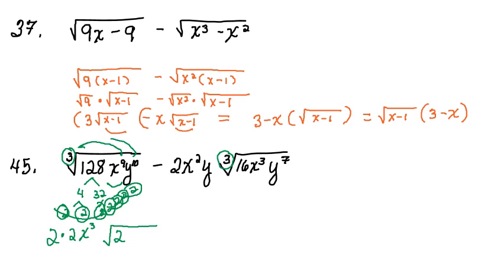And 10 divided by 3 with 1 left over gives us a y cubed with a y left over. Okay, minus sign, just going to bring this guy down. So we have a 2, an x squared, and a y.